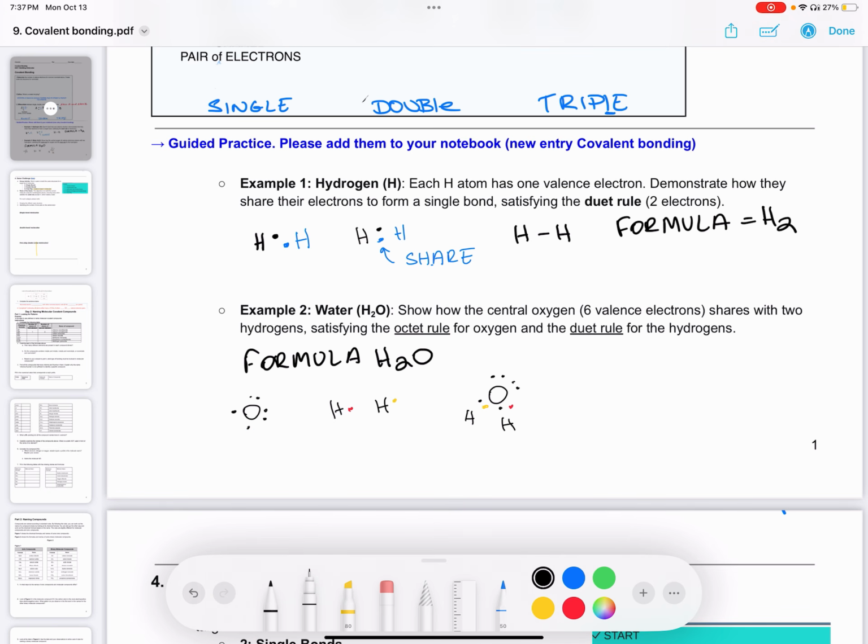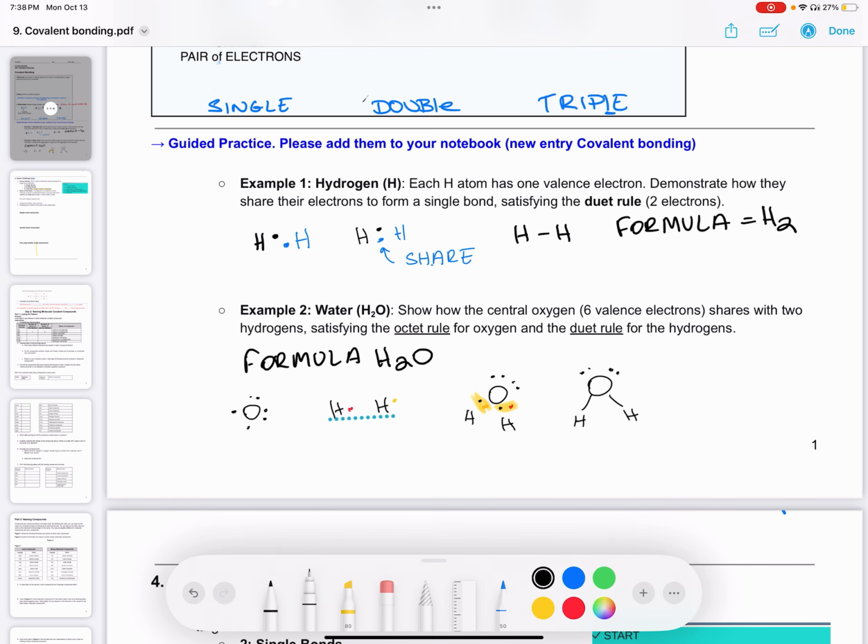So they're being bonded here, and there's another bonding happening here. If I'm going to draw the structure, it's going to look like this. And this is your classic structure of water.